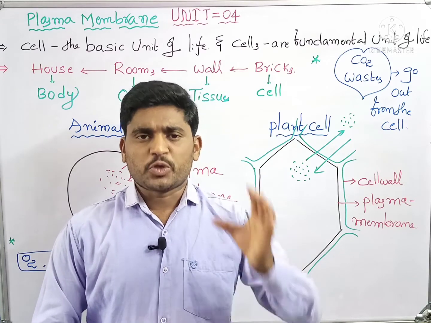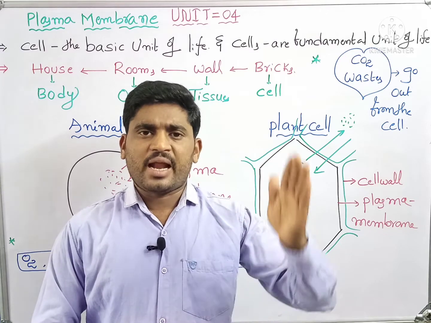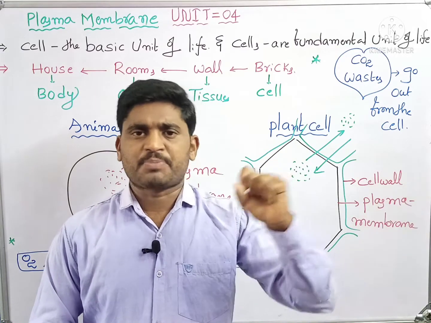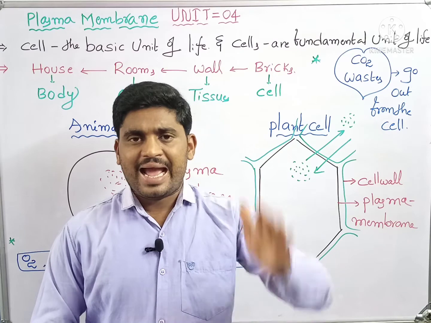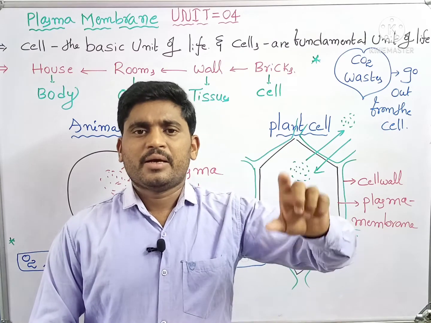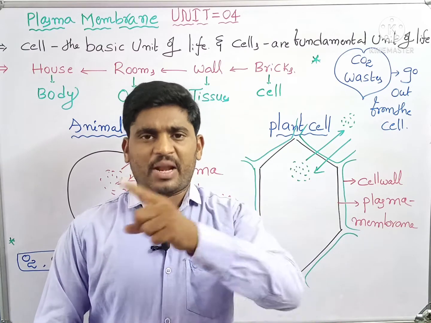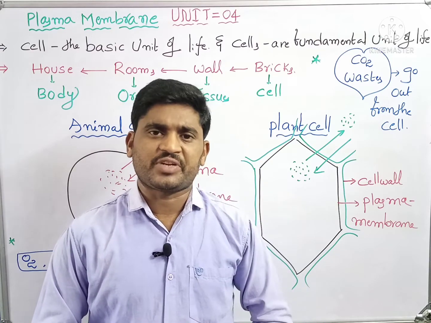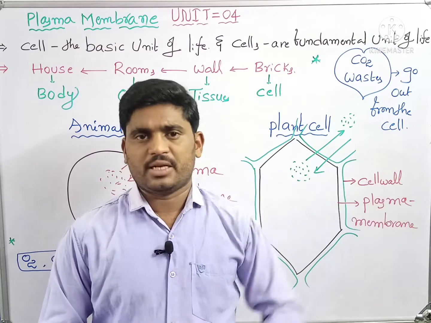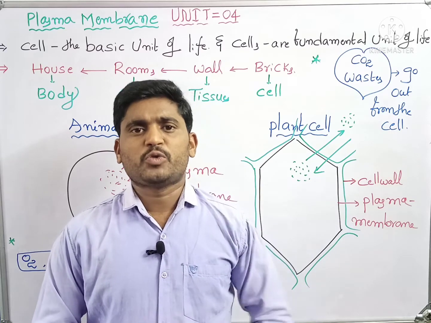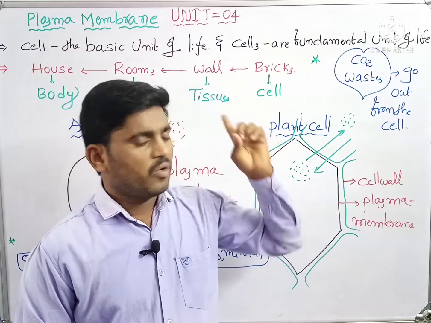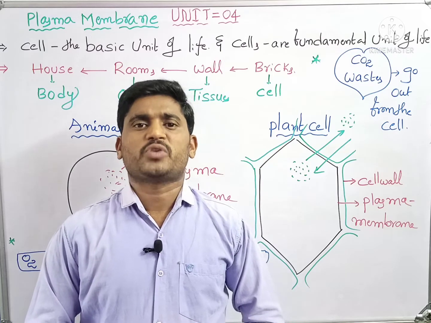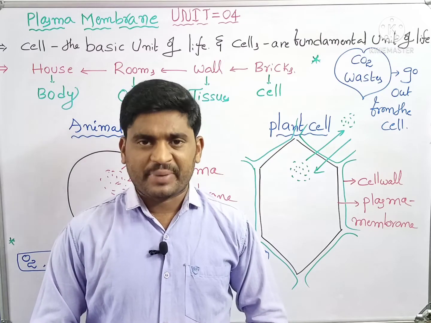Generally, both plant cell and animal cell contain plasma membrane, but in animal cell the cell wall is absent. In plant cell, the cell wall is present. That is the basic feature between plant cell and animal cell. Understand? So today we are going to discuss one chapter of 9th class, 4th unit, that is plasma membrane.